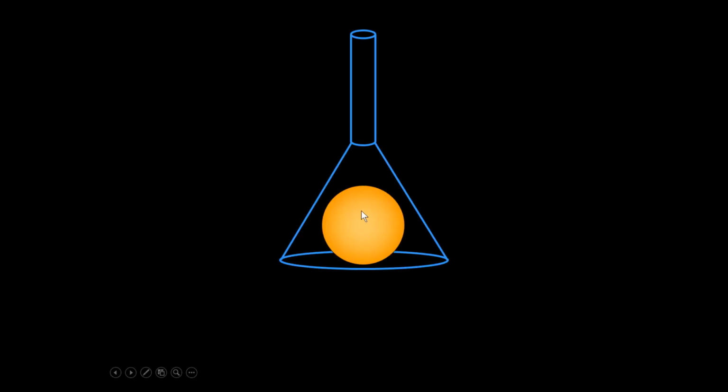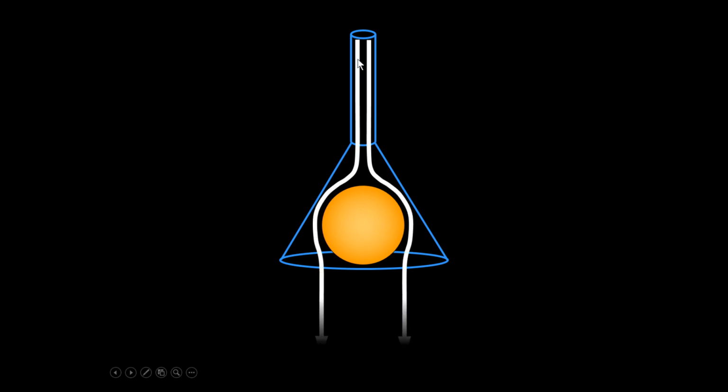If you take a funnel and a ping pong ball and blow air down this, you might expect the ball to be pushed down. And again, you would be thinking about Newtonian forces, that the air struck it and pushed it away. And it does. But the stronger force is the Bernoulli force, is that the air is flowing over the top of that.